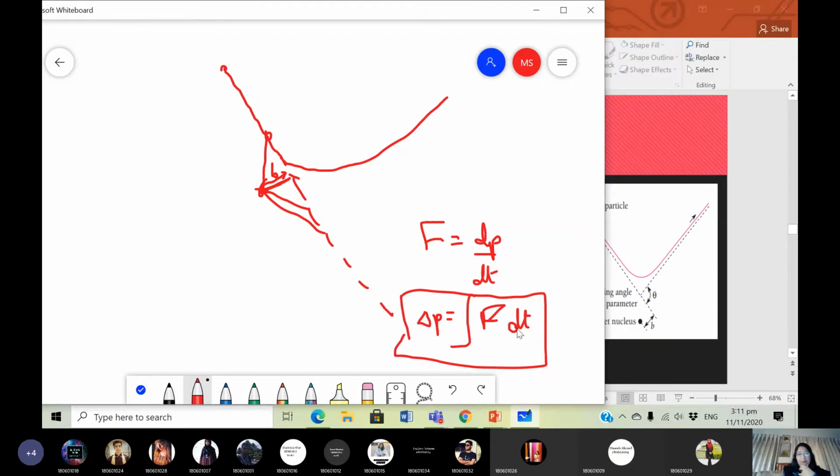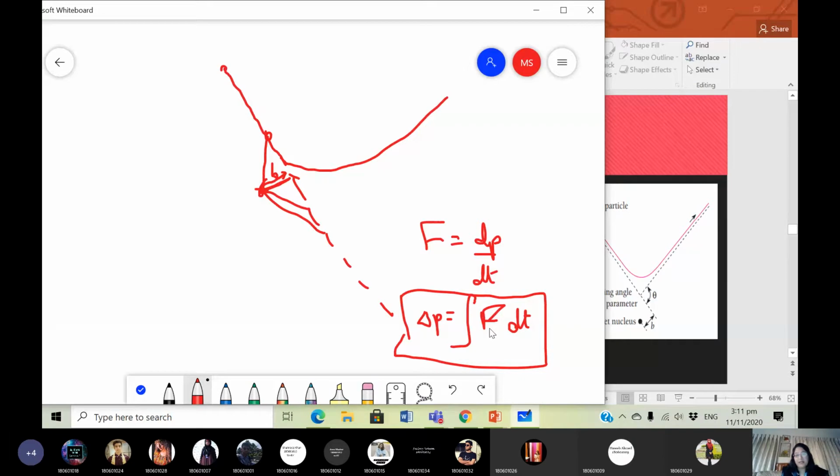The force times the time taken for that force, and we take the integration because the force can be a function of time as well.